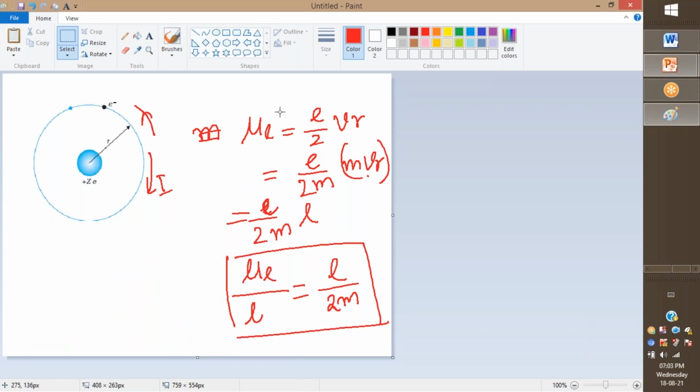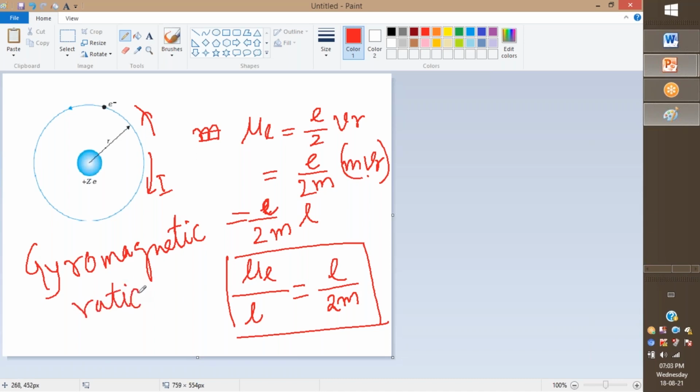In the exam, if they ask you to find the gyromagnetic ratio, you have to do this.